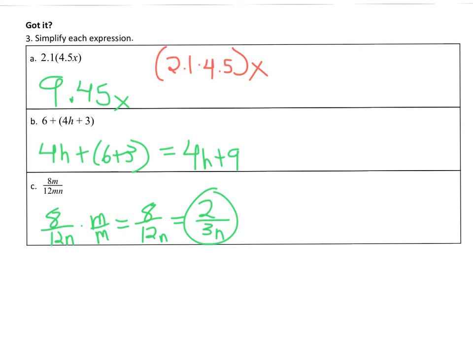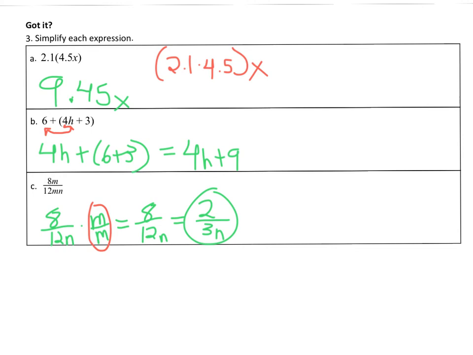For part B, if you see, I took 4h and 6 and I used my commutative property, again, to move those around so that I can kind of mentally see 6 plus 3 is 9, so it's 4h plus 9. And then in part C, what I did was I pulled apart the multiplication here so that I got m divided by m, which is 1.